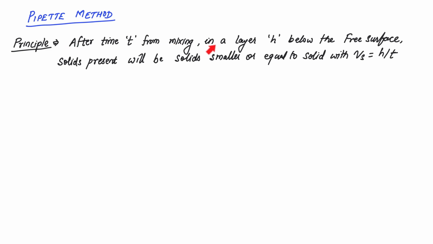In the previous lecture we studied the principle of sedimentation, which says that after time t from mixing, in a layer H below the free surface, the solids present will be those smaller than or equal to the size whose settling velocity equals H by t. Let us assume this is the sedimentation tube that we use in the pipette method, and this is the top surface of the water.